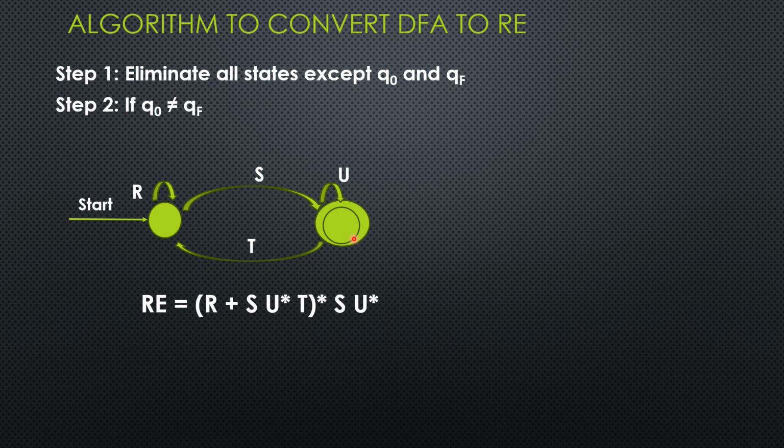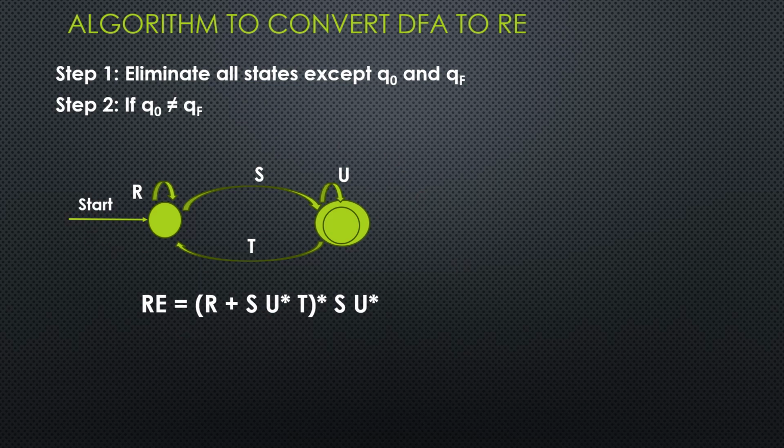This is the equivalent regular expression for the given DFA. So I repeat, R plus S U star T. This can be done any number of times, so that's why you have a star. And then finally, S and U star. So for this DFA, this is the equivalent regular expression.